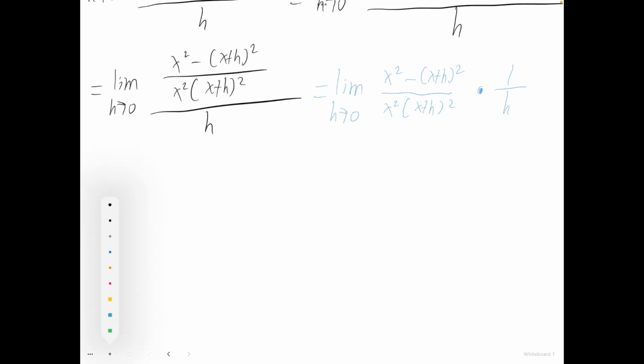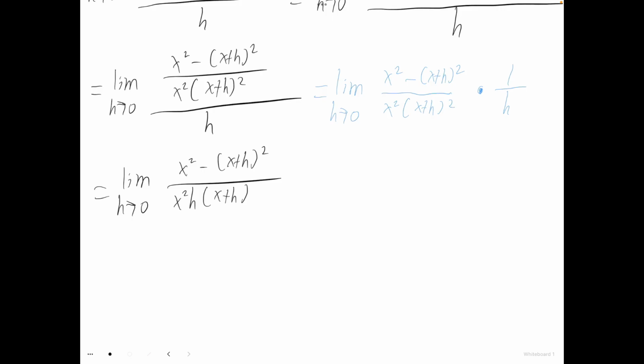So this whole expression is the limit as h goes to 0 of x squared minus (x plus h) squared divided by x squared h times (x plus h) squared. This trick lets us write it as a single rational expression rather than the complex multiple fraction that we had.